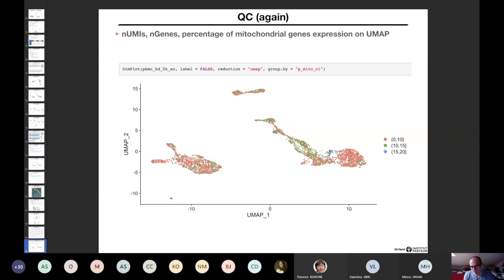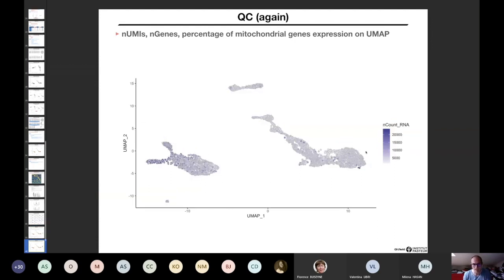So here I can see that we have a cluster that expresses a lot of mitochondrial genes because we are above 15%. If we pull out on the UMAP the number of UMI, I could have also put the number of genes detected, we can see that this is the region that corresponds to a low number of UMI. And here we have a region where we have clustered together cells that expressed a high number of UMI.